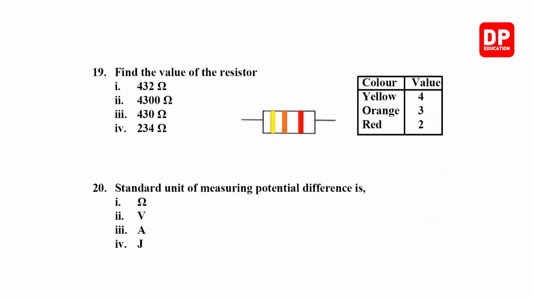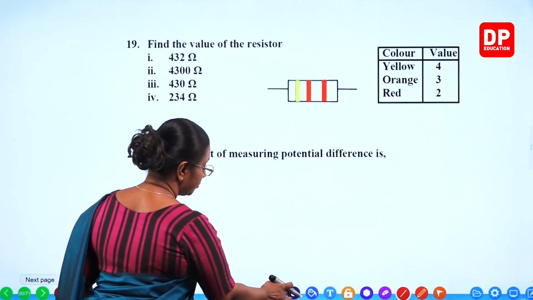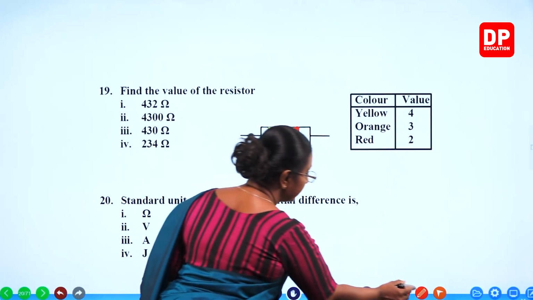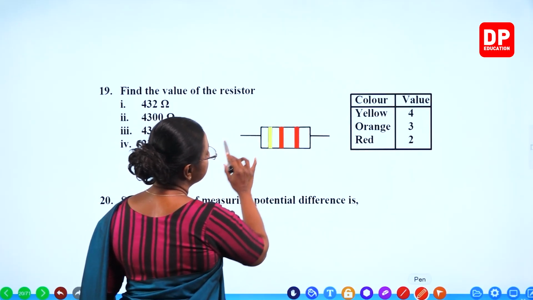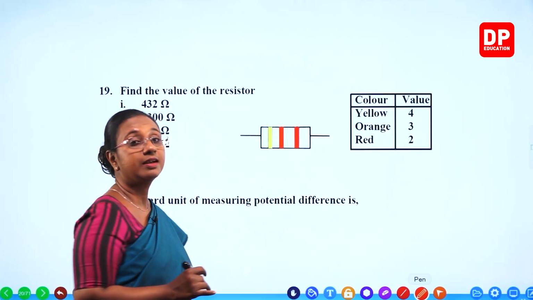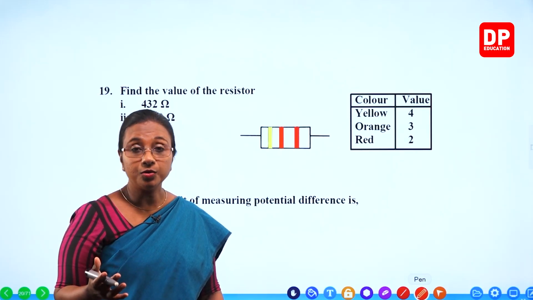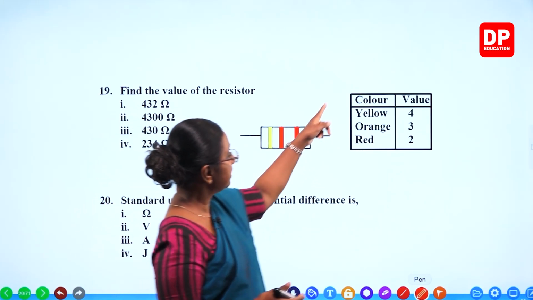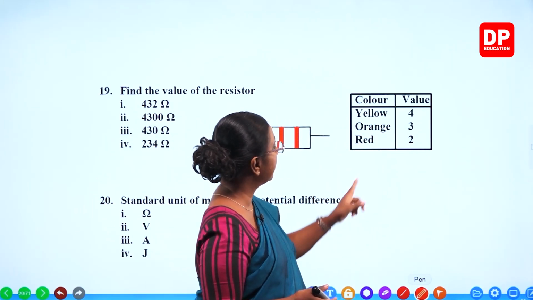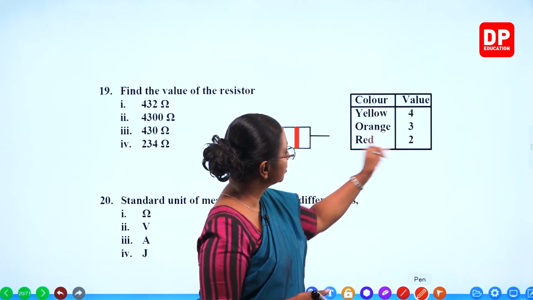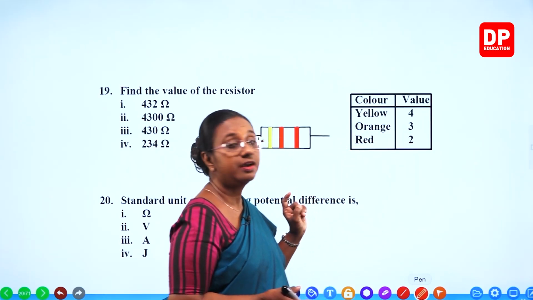Question number 19. Again, find the value of the resistor. So to find the value of the resistor, like I told you all before, this is a resistor with color bands, the color code. So color code means each color has a corresponding value, yellow 4, orange 3 and red 2.